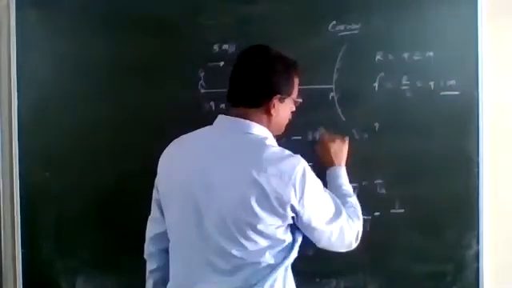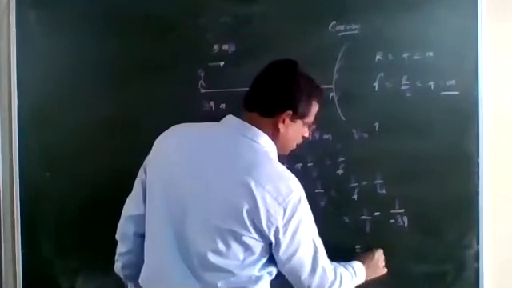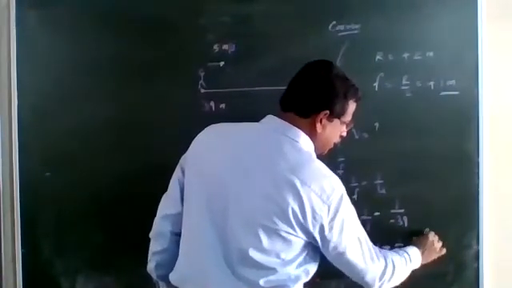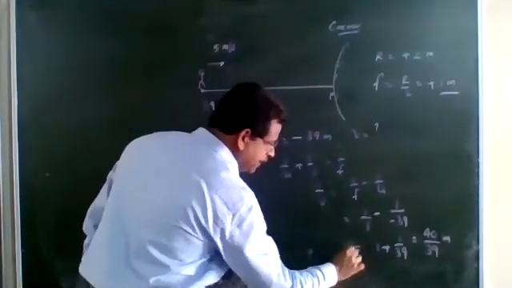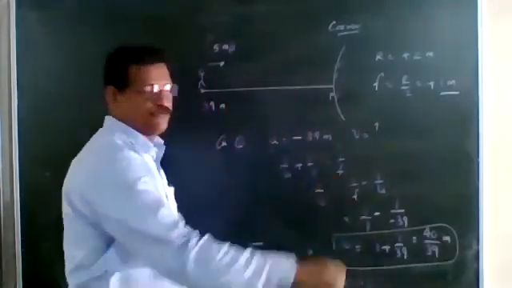U is equal to minus 39, so this is equal to 1 plus 1 by 39, that is equal to 40 divided by 39. So the image is at 40 by 39 meter from the pole.